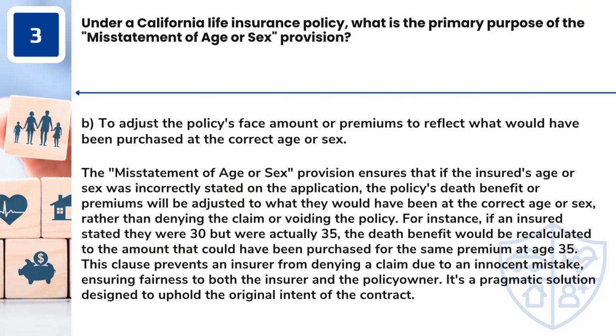For instance, if an insured stated they were 30 but were actually 35, the death benefit would be recalculated to the amount that could have been purchased for the same premium at age 35. This clause prevents an insurer from denying a claim due to an innocent mistake, ensuring fairness to both the insurer and the policy owner. It's a pragmatic solution designed to uphold the original intent of the contract.